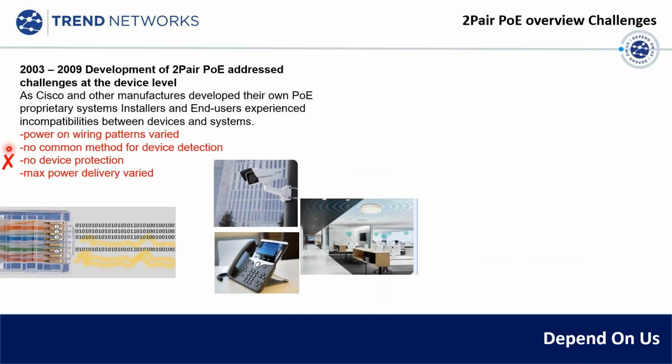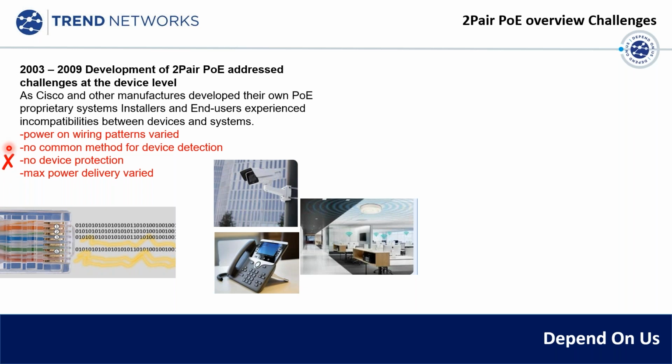This is not intended to talk about standards and bore you to death, but please bear with me. It is important to see where we came from. So around 2003 to 2009, PoE two-pair really was in development. Well done to standards boards and all those fantastic manufacturers out there that really put concepts and designs out there. However, people may not be aware we had to solve a lot of problems.